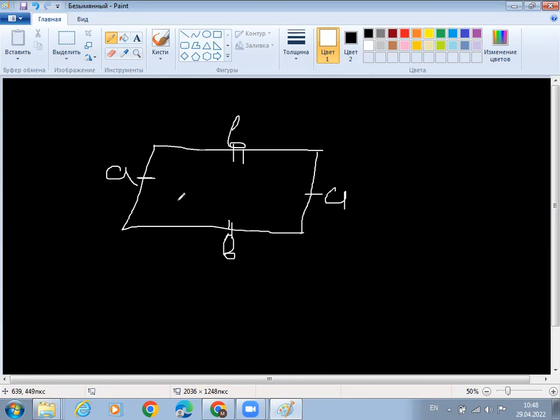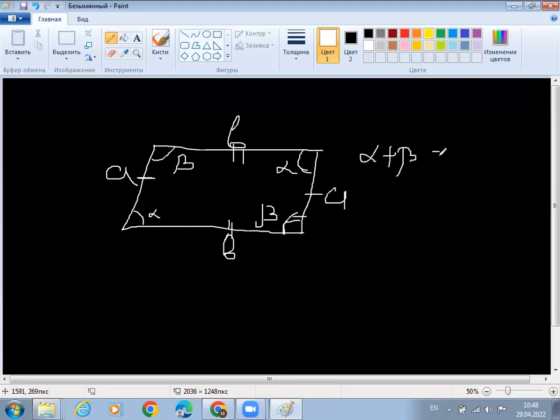In addition to it, in parallelogram, we have got opposite angles, and they are equal. If it is alpha, then it is also alpha. If it is beta, then it is also beta. So you have to keep in mind that alpha plus beta is equal to 180 degrees.